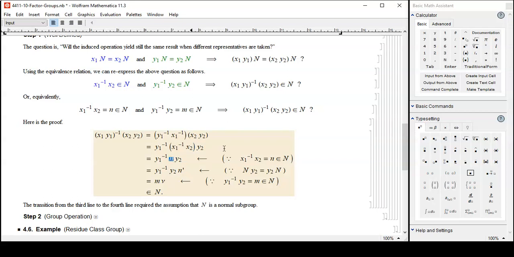This is a member of a certain n, which is a member of capital N, the normal subgroup. And then if you use the property of the normal subgroup, you can change the order. This n became n prime now, and then that's a member of N by the previous computation. I think I misused something.